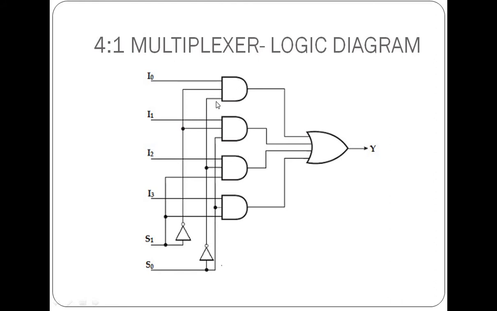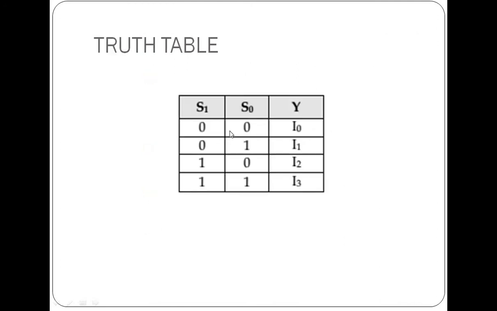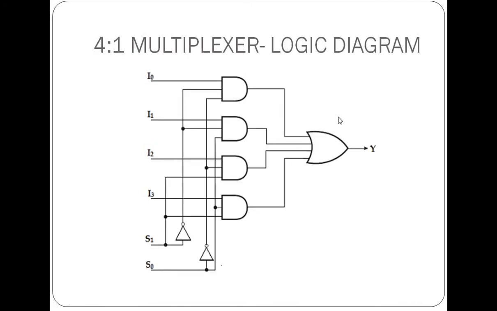Both the inputs are 1, so according to the input I0, the AND gate will get enabled and it will reach the OR gate. According to the combination of S1 and S0, the corresponding input will be selected and will reach the OR gate, and we get the output Y.